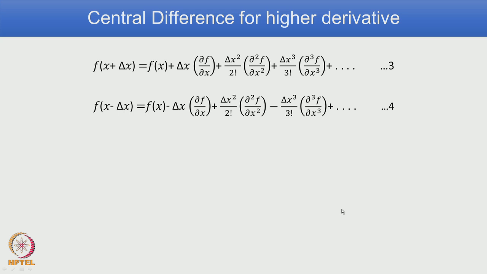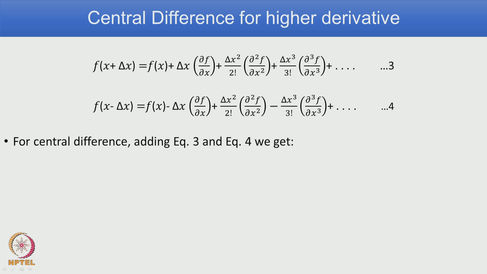You can also obtain the central difference scheme for the same second derivative. So, again we write down the Taylor series expansion in the forward direction as well as in the backward direction, and we do the arithmetic operation, add equation 3 and equation 4.